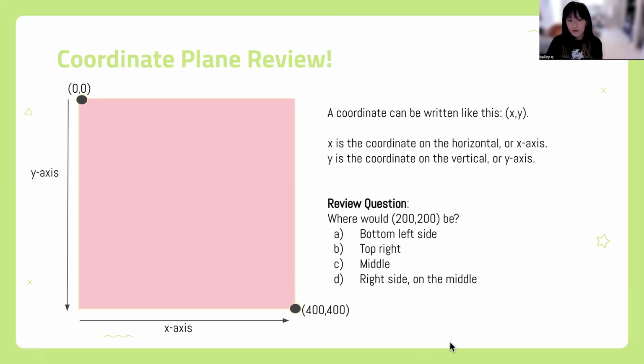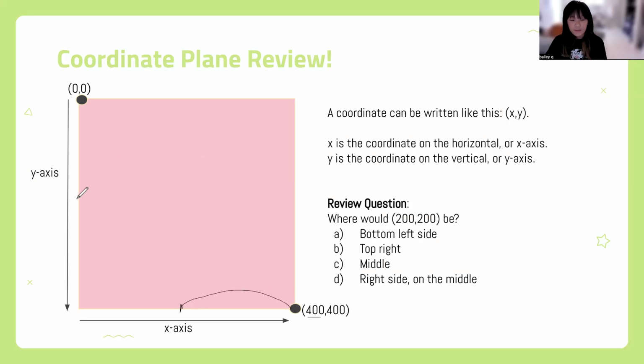So for example, here we have a question that says, where would 200, 200 be? So 200 is both the value for x and y. And one thing we can note is that because our grid is a size of 400 by 400 pixels, this means 200 is half of 400, or half of the grid. So right here.